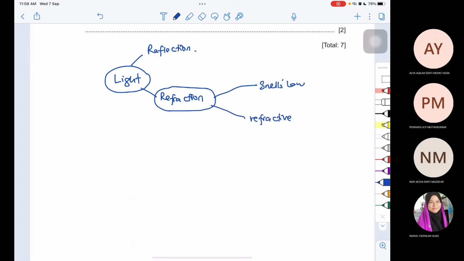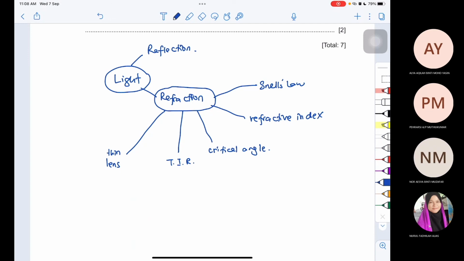Kita tak tengok lagi contoh soalan tapi kita tahulah ada refractive index. Okay, and then refraction kita ada topik critical angle, and then kita ada total internal reflection, and then application of lens, thin lens. So yang kita tengok tadi only this part here.